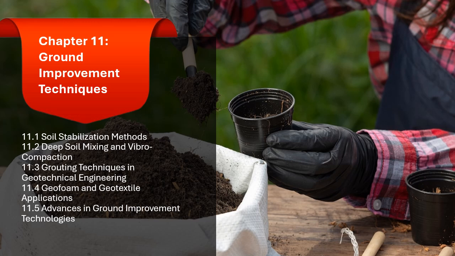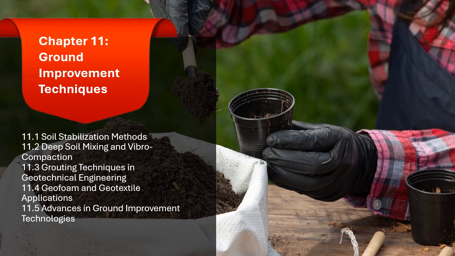Environmental impact. DSM can be environmentally friendly if non-toxic binders are used. Vibrocompaction: minimal environmental disruption, non-invasive. Depth of treatment. DSM can treat deep soil layers up to 30 meters or more. Vibrocompaction: typically up to 20 meters.